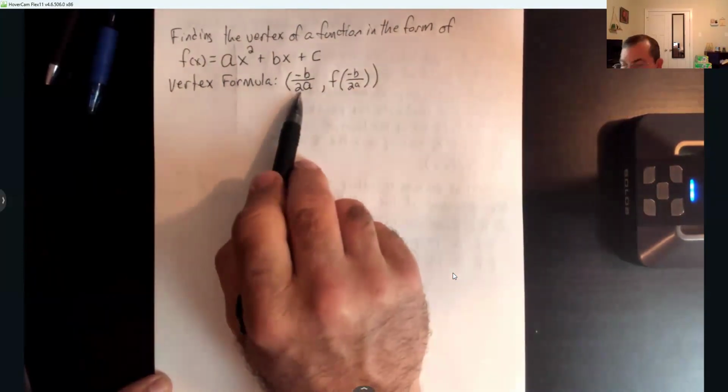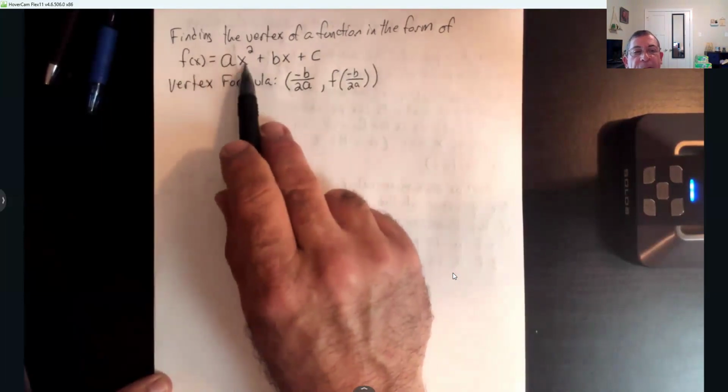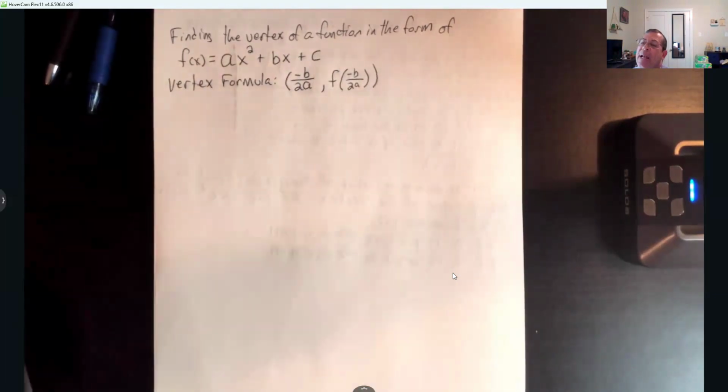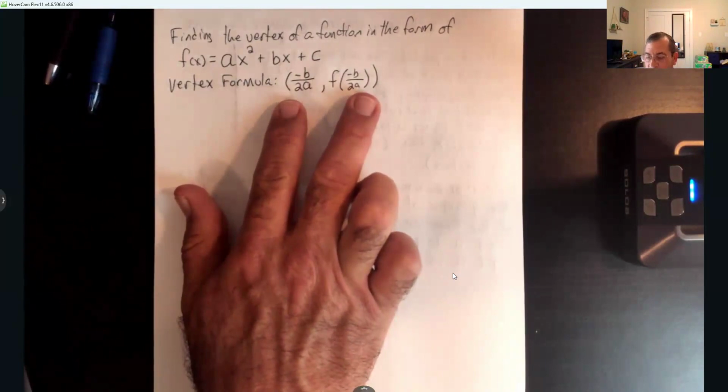Whatever this gives me, I'll put into the function I'm given for the x's, and I'll evaluate that to get my y value, okay? All righty, so that's our formula we're going to use.